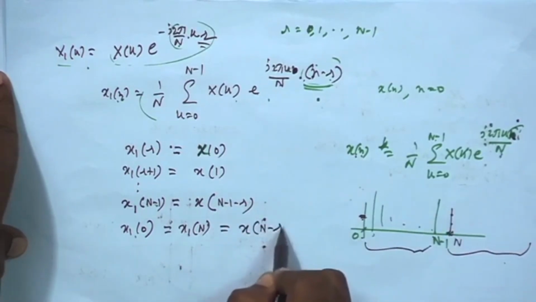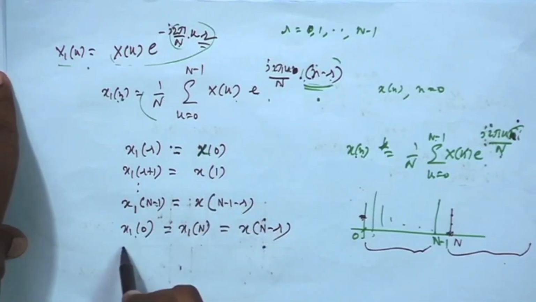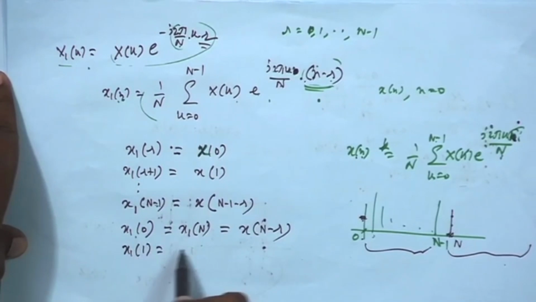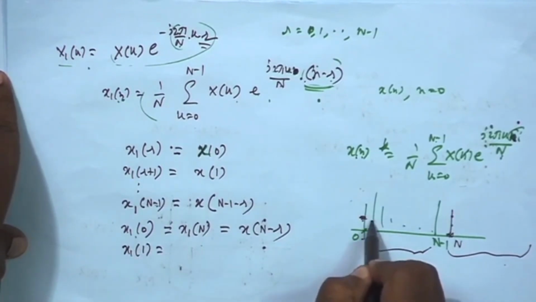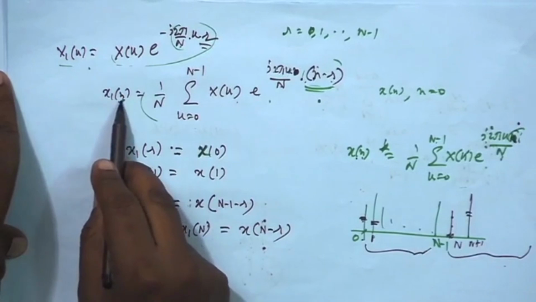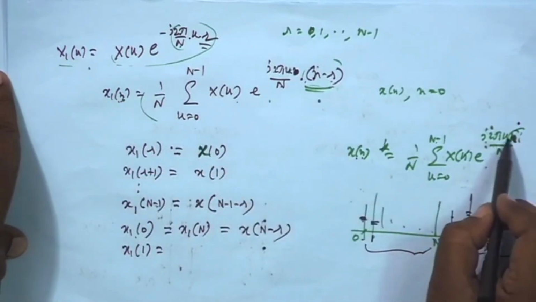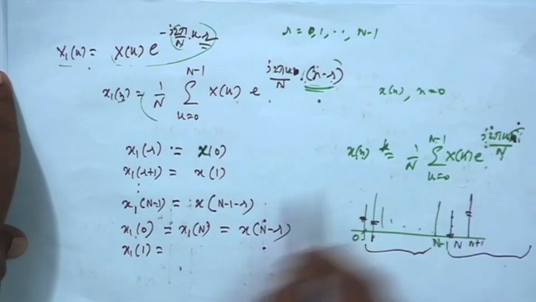n minus r. So, 0, 1, n minus 1 minus r, then n minus r, then x 1 1 will be, if it is 1, this value will be the same as whatever you had at n plus 1, because of periodicity. So, x 1 capital N plus 1, as though the index is capital N plus 1 minus r.